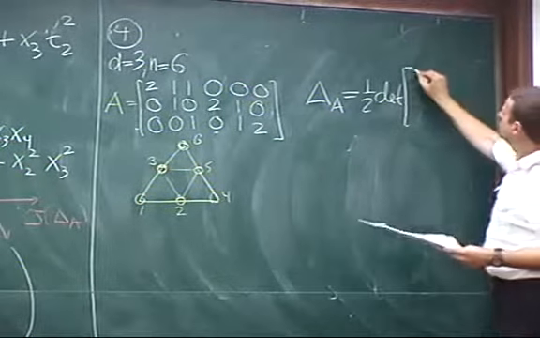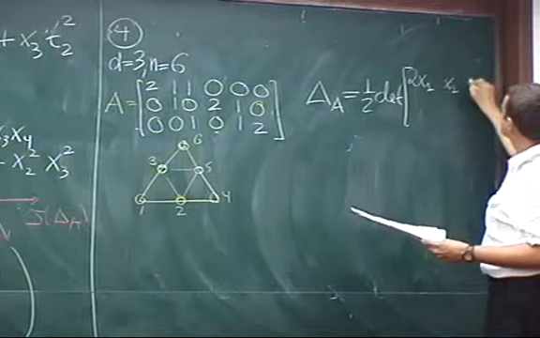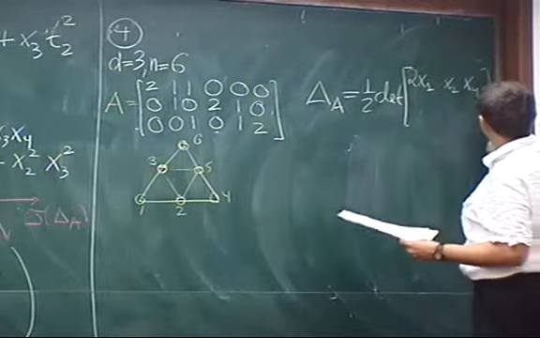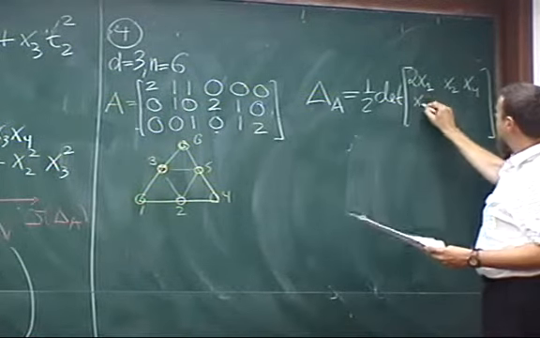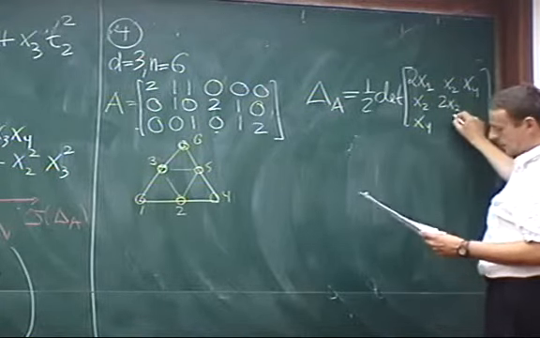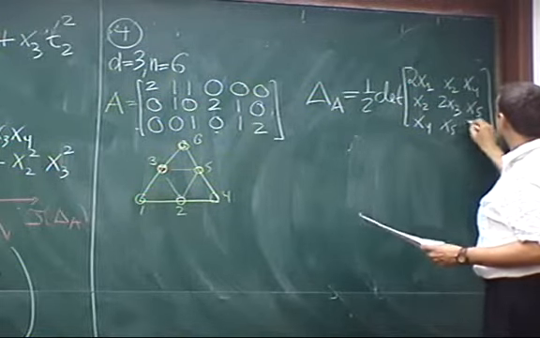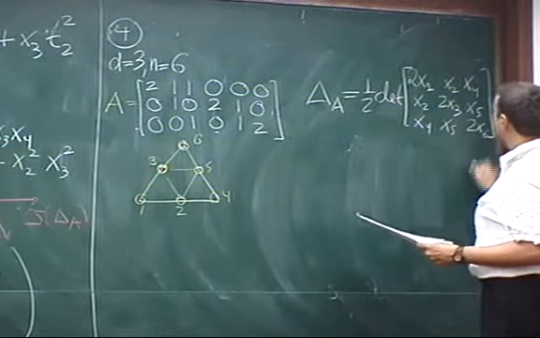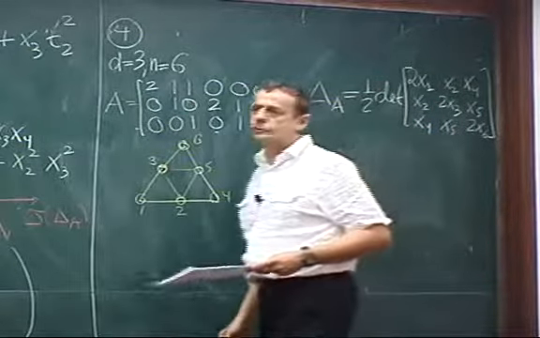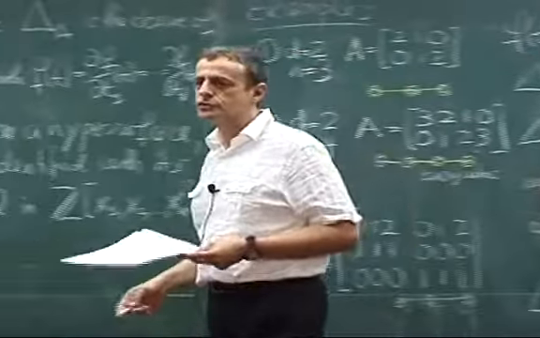And what you do is 2, x1, x2, x4, and then x2, x4, 2, x3, x5, x5, and 2, x6. It turns out you need this factor of 2 to be consistent with this definition. So that's our old friend.